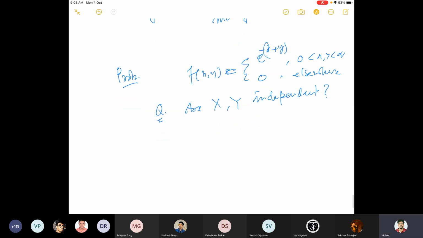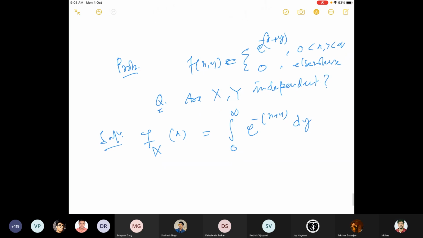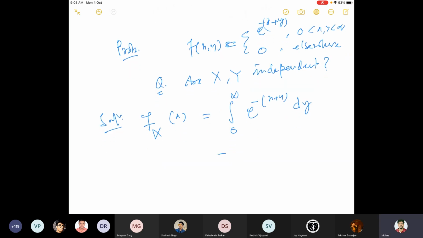In order to check whether they are independent or not, we first have to find the marginals. The marginal is the integral from 0 to infinity, because this is where it is non-zero, of f(x,y), e to the power minus (x plus y), dy. So what is this? Can anyone tell me?